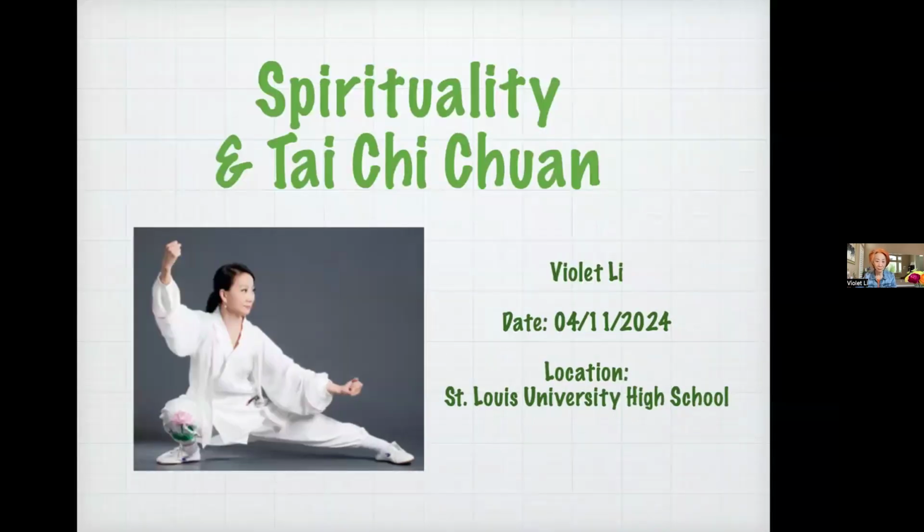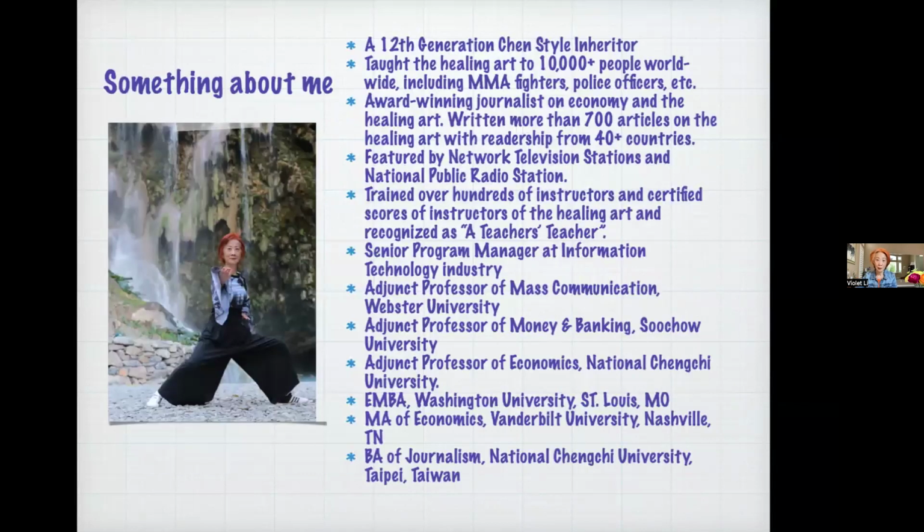So this is me, Violet Lee, and I am a 12th generation Qian style inheritor, and Qian style Tai Chi is the oldest. I have taught the healing art to over 10,000 people worldwide, about a couple thousand in person. My students include MMA fighters, police officers, and people from all walks of life.